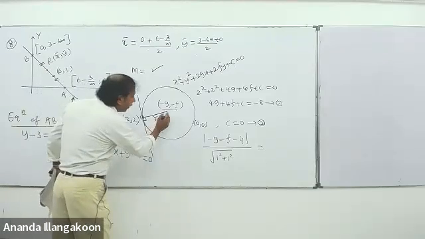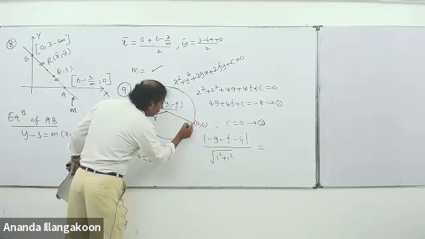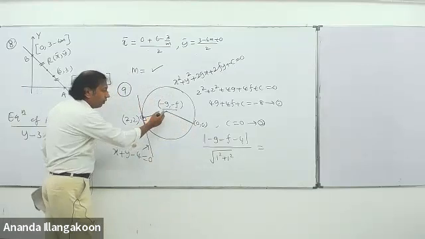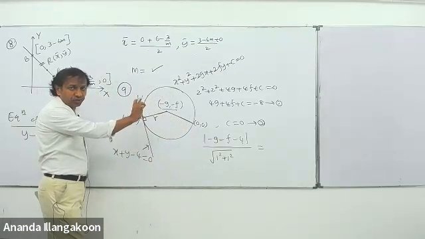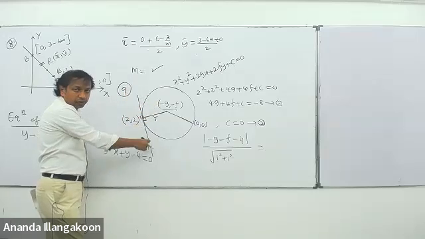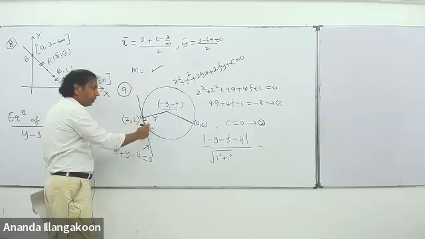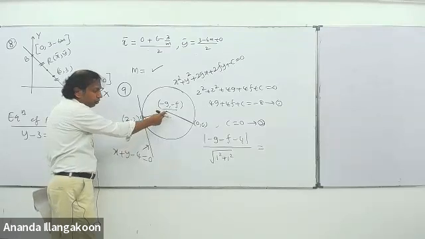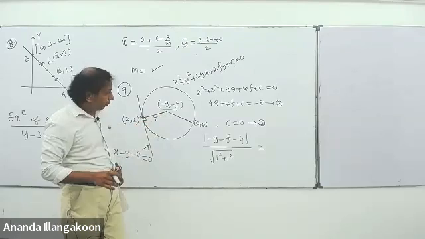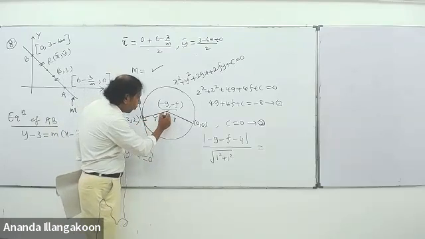The same radius you can write in another way here. This length is the radius that I found by using the perpendicular distance from the point to the line. From the center to this tangent, the distance is the radius, that you found by using the straight line theory. The same r we can find from here to here.